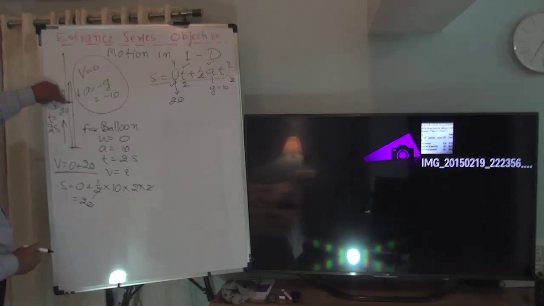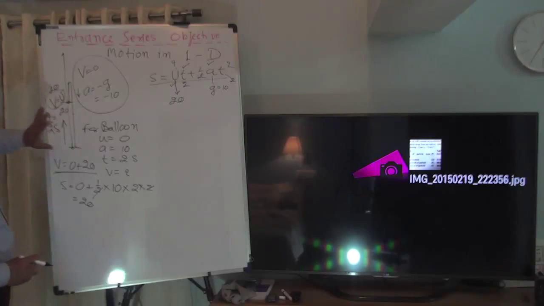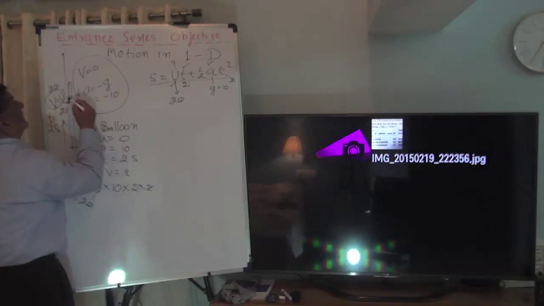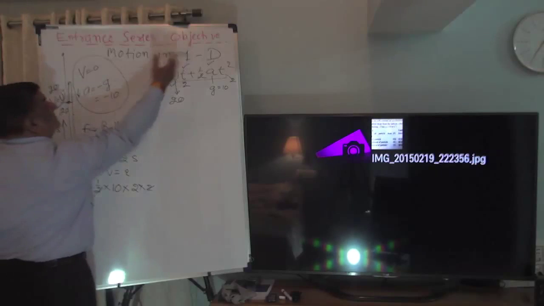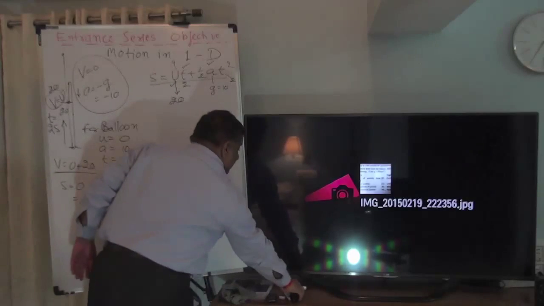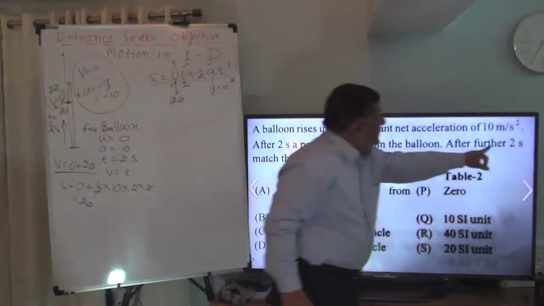Now from here the particle starts, it has velocity equal to 20, this height is already 20 and it starts from there. Now when it starts from there, how much height does it cover in the next 2 seconds? In the next 2 seconds, how much height does it cover, because we have to get the answer at a further 2 seconds.